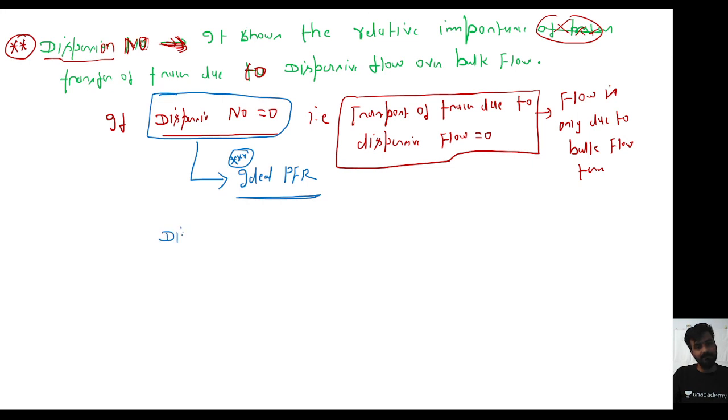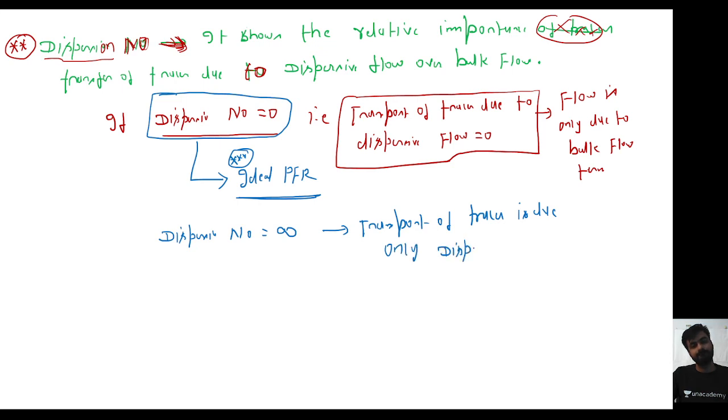And when, my dear friend, dispersion number is equal to infinity, what will happen? Transport of tracer is due to only dispersive flow.